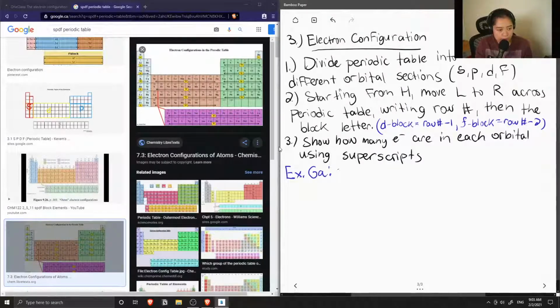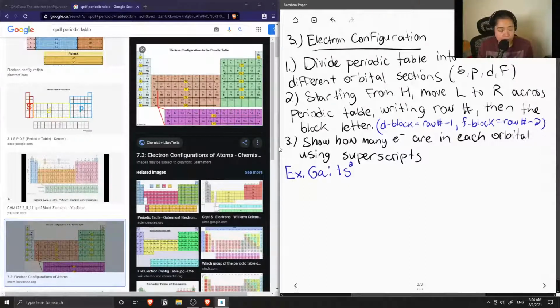So starting from hydrogen, we can write the row number, which is 1, the block letter, which is S, and show how many electrons are in each orbital using superscripts. So in the S orbital, it can hold a maximum of 2 electrons. So we just put 2 in the superscript.